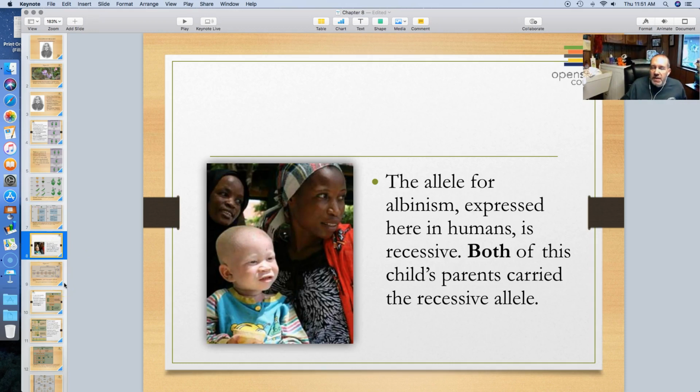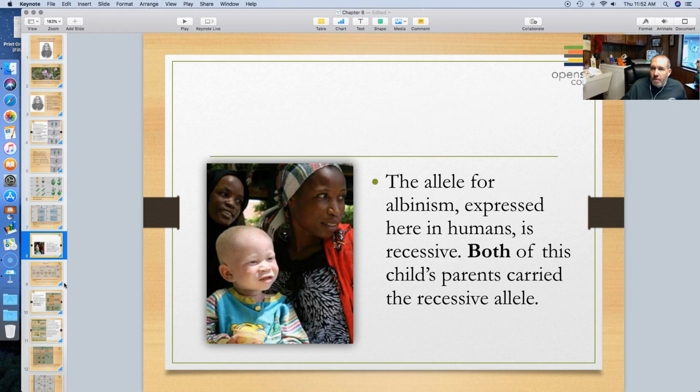In recessive characteristics, for example, in humans, you generally would need both parents to be carrying a recessive allele for a characteristic, whatever that characteristic is, for the child to have a chance to get it.